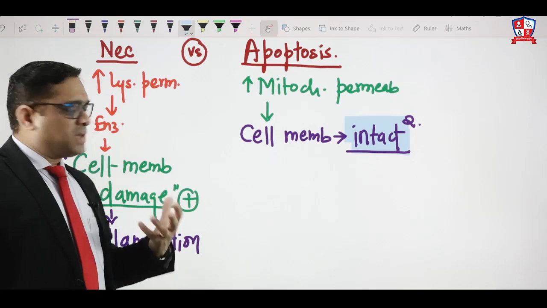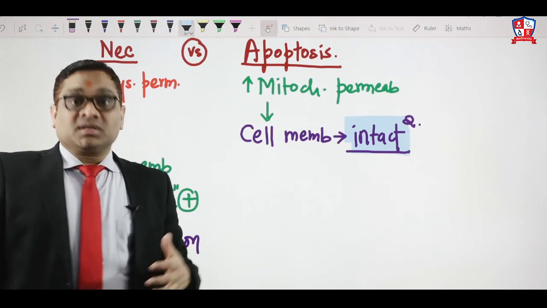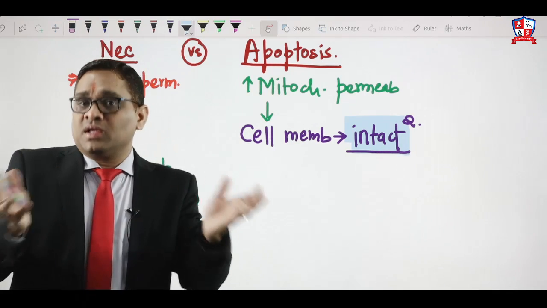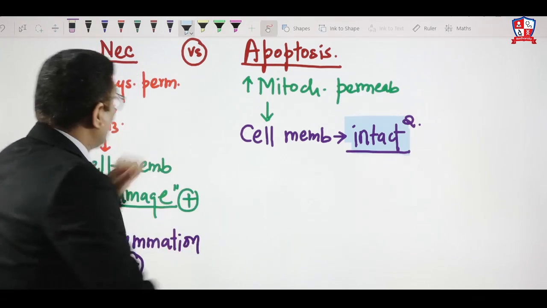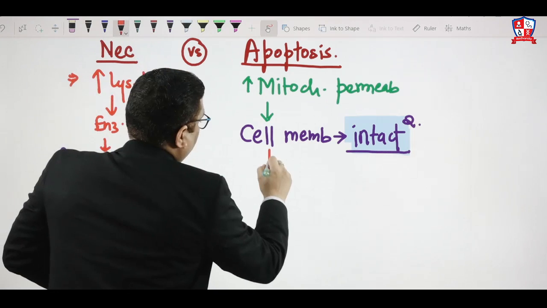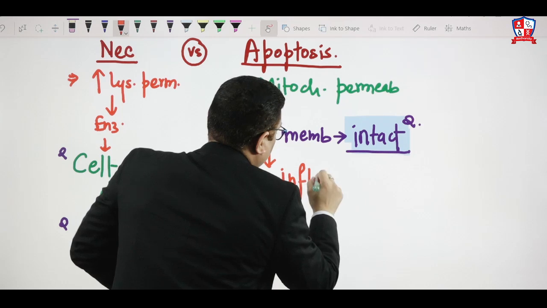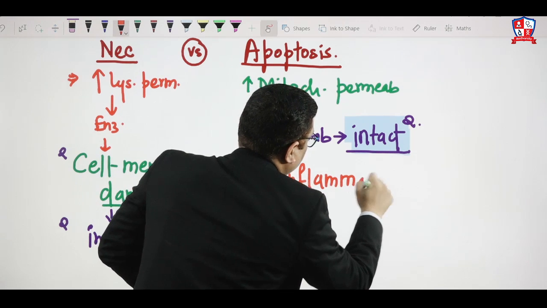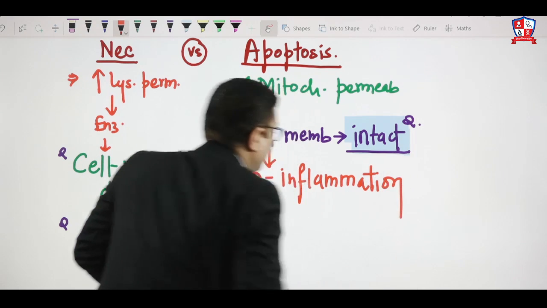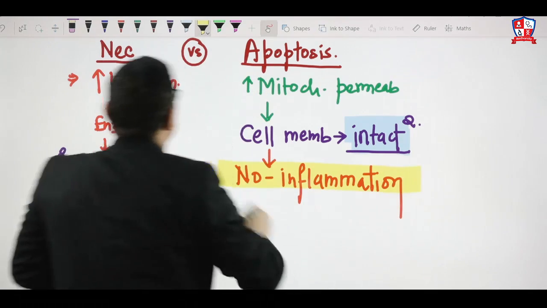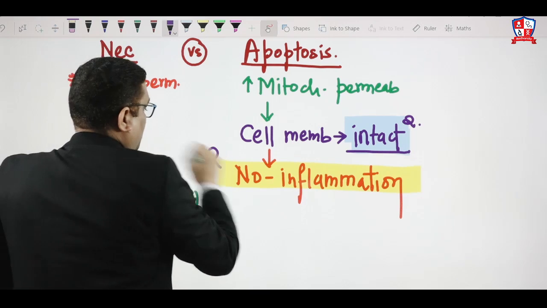Now you can assume that if the cell membrane is intact, the intracellular content will stay inside the cell, and there will be no inflammation.